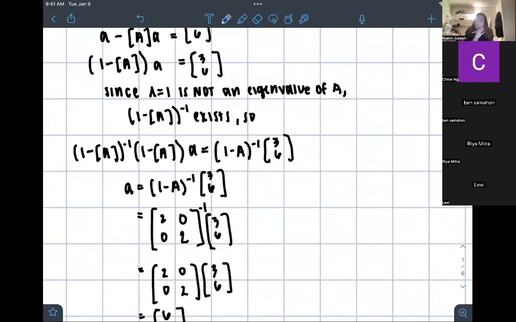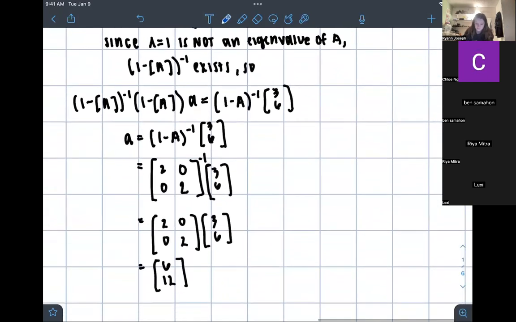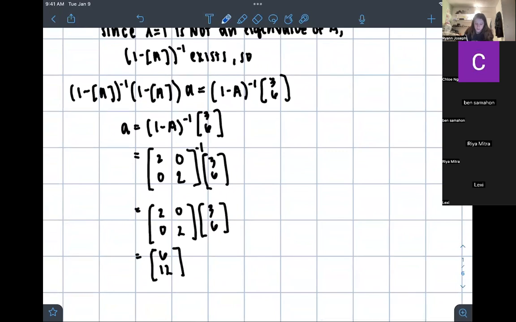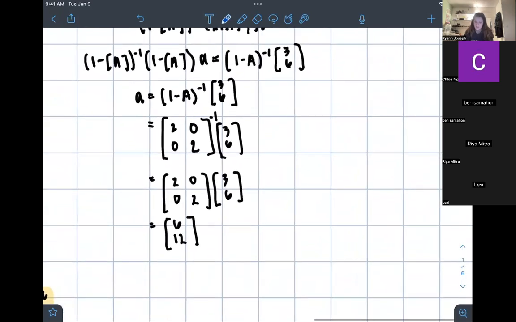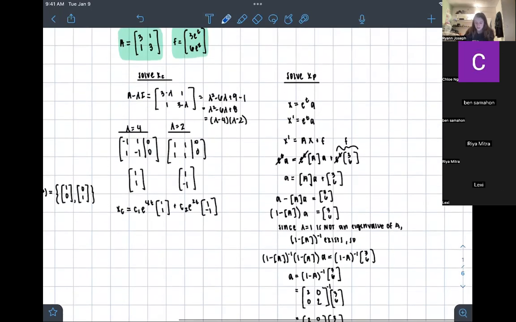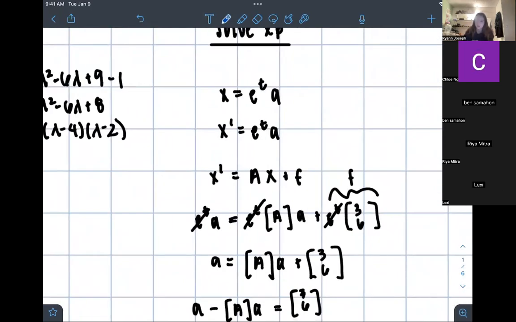So basically the whole thing here is we're solving for this vector, which involves a lot of moving stuff around, matrix multiplication. Ultimately, A is equal to 6, 6, 12. That is our column vector. That is our particular solution.